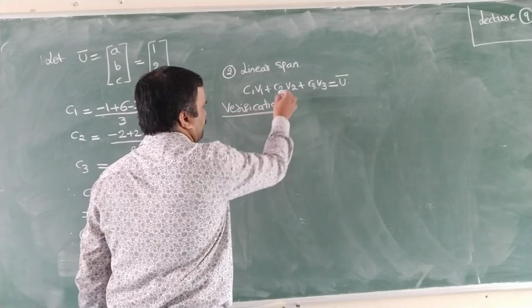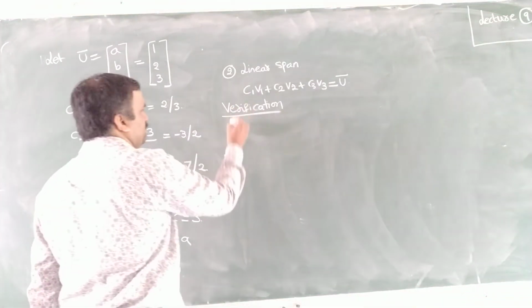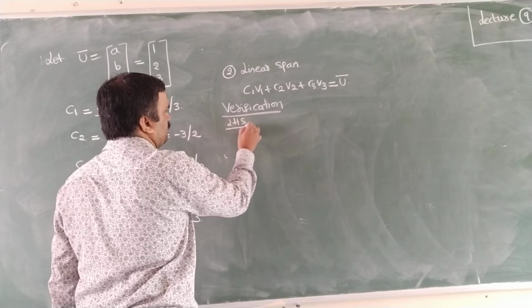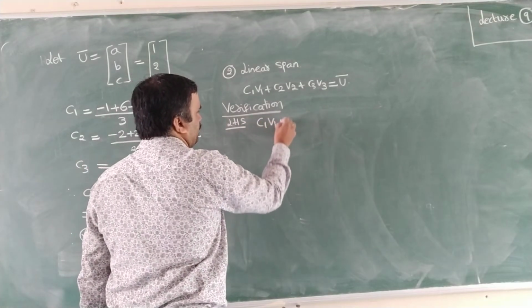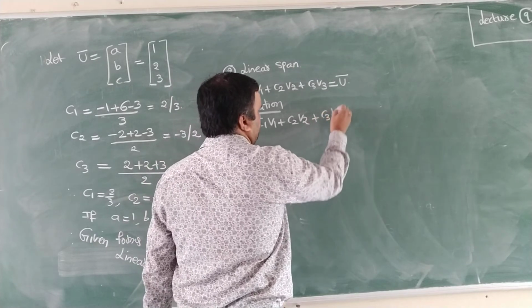For this, consider the left hand side. What is the left hand side we have? C1V1 plus C2V2 plus C3V3.